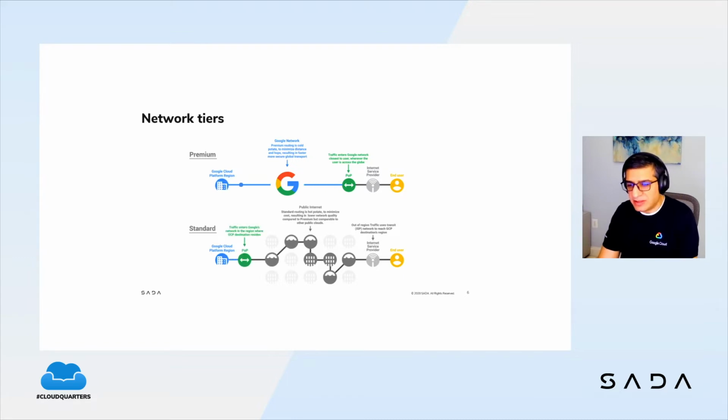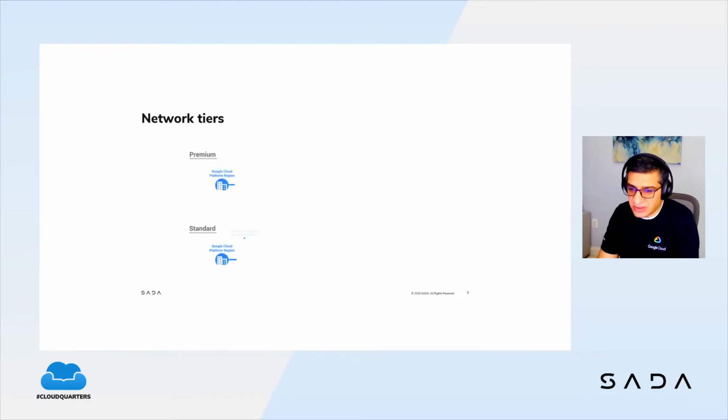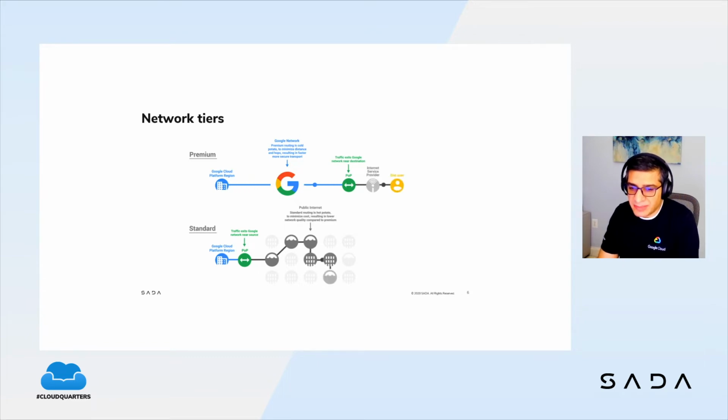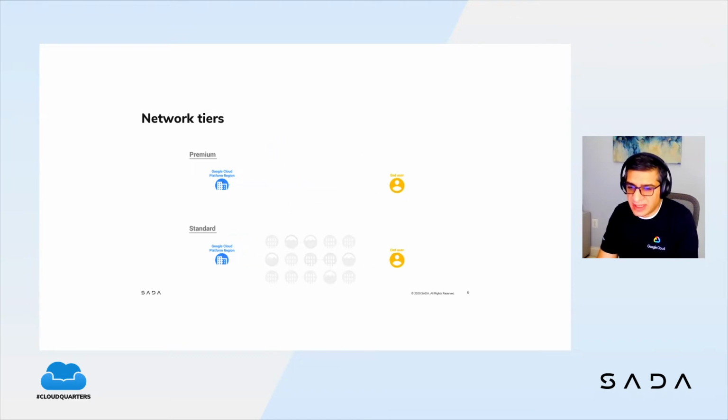What that means is that the traffic will try to get onto the internet as much as possible, and then the majority of the trip will be routed over the internet to the end user. The impact, as is clear, is that you're going to have more hops, impacted also by internet weather. Customers who have applications that are less network sensitive usually go with the Standard service offering.